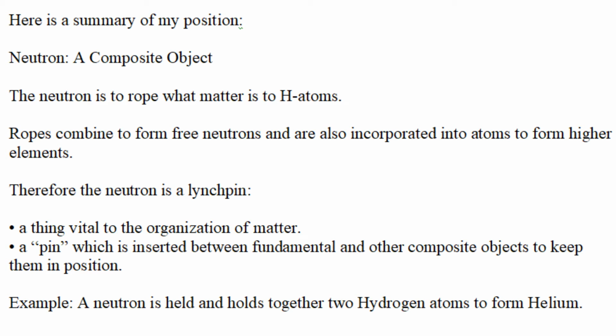And it's also a pin which is inserted between fundamental and other composite objects to keep them in position. Okay? That's his justification, description of what he just drew there. An example, a neutron is held and holds together two hydrogen atoms to form helium.